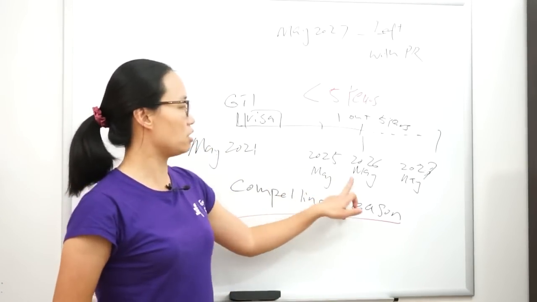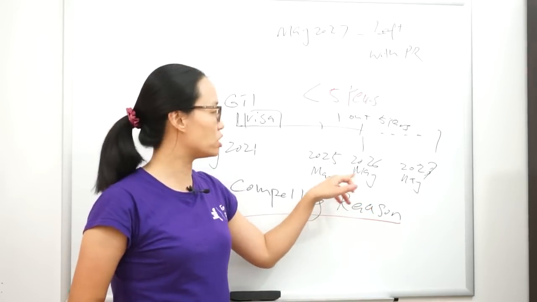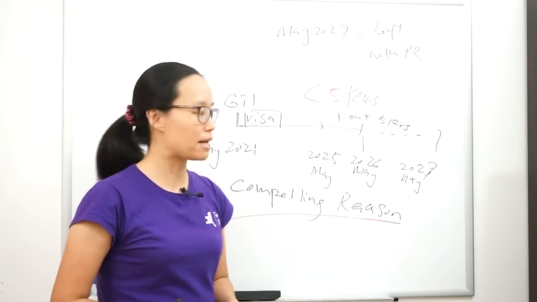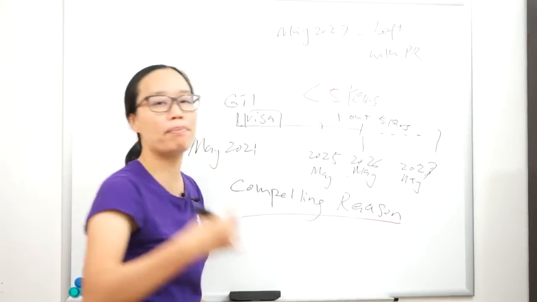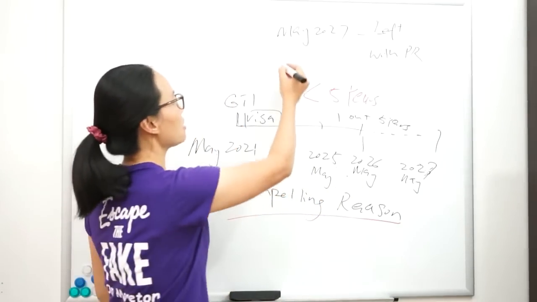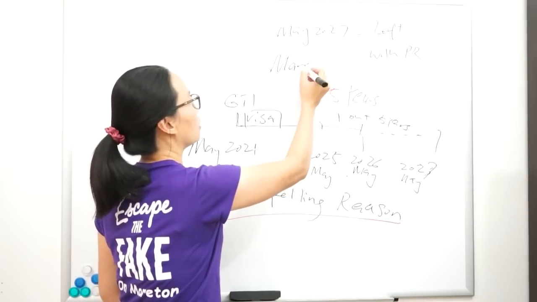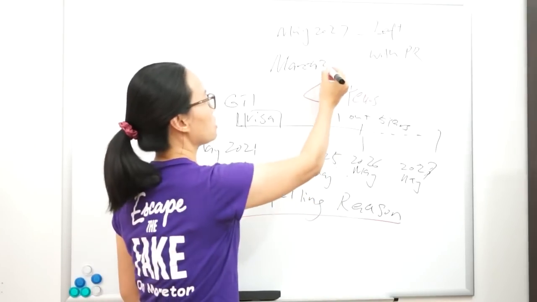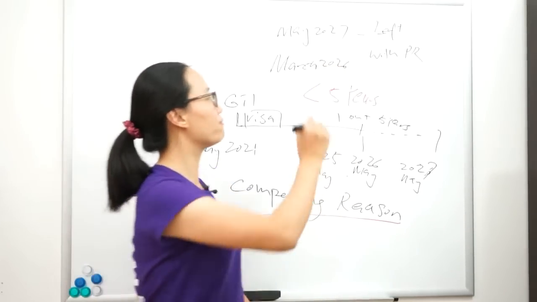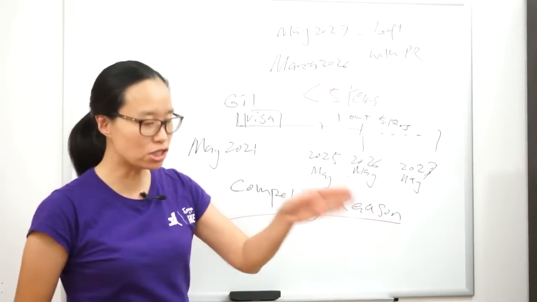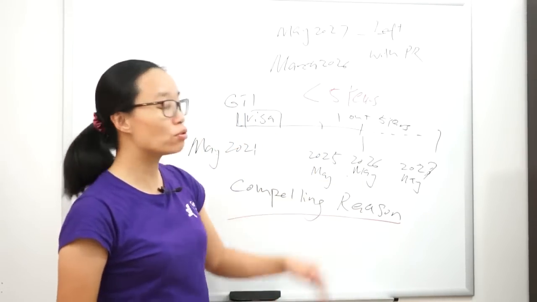So for instance, your PR is going to expire in May 2026, isn't it? So you must enter Australia prior to this date, say March 2026. Now, you must get it renewed first before you leave. Okay, renew it before you leave, and that's really important.